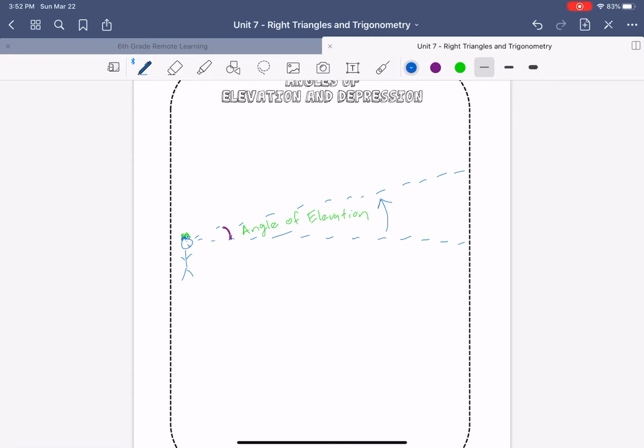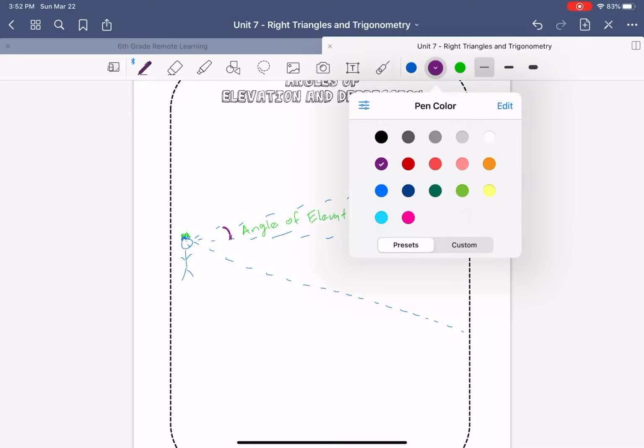Now let's say that you notice a coin on the ground in front of you, or you dropped your phone on the ground while you're sitting on the couch, or something like that. So you're going to look down at something. So whenever our gaze goes down, that is, I'm going to change my color here.